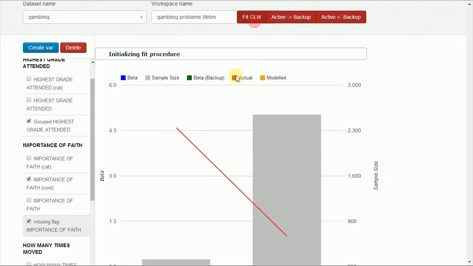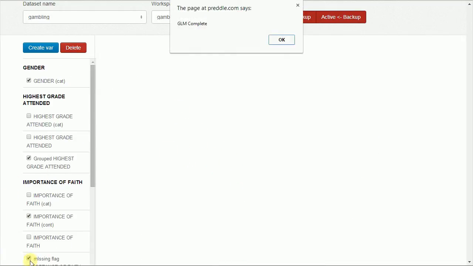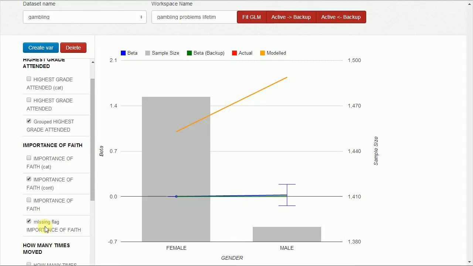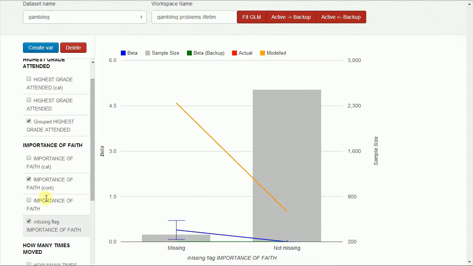And include that in the model. Now we have a variable that acts as a flag for whether that particular response was missing or not. When we include this variable, as well as the continuous predictor, and refit the model, it allows the model to compensate for the missing values if it needs to.